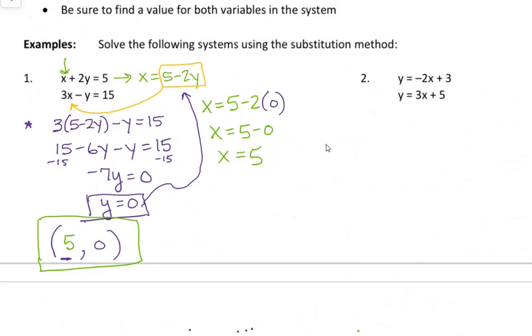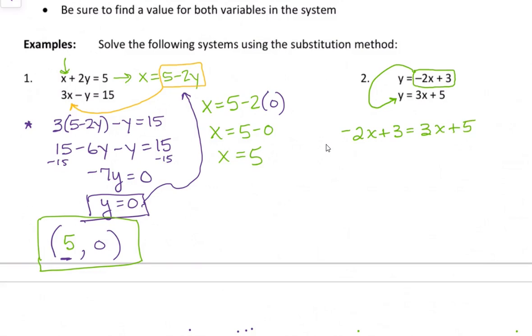So that means that I'm going to go ahead and substitute what this y is equal to. That algebraic expression is going to go in for the y in that second equation. So I'm going to set negative 2x plus 3 equal to 3x plus 5.